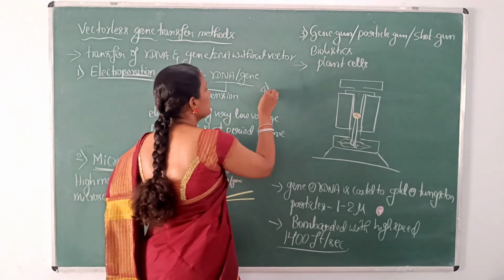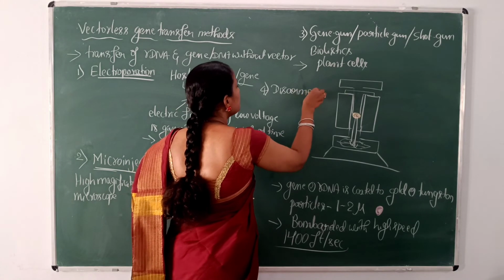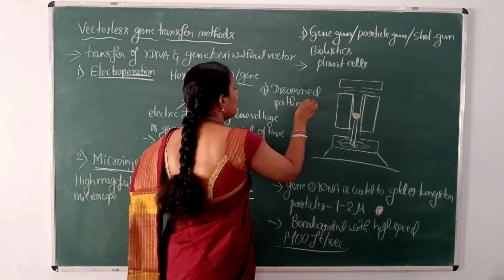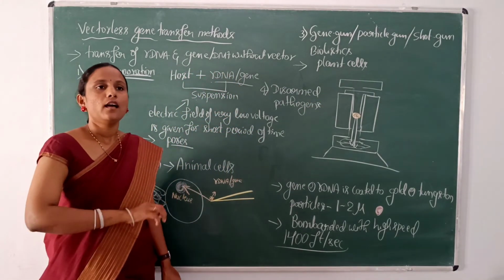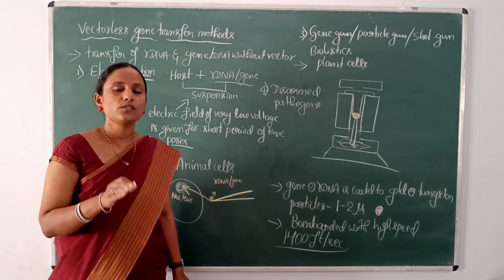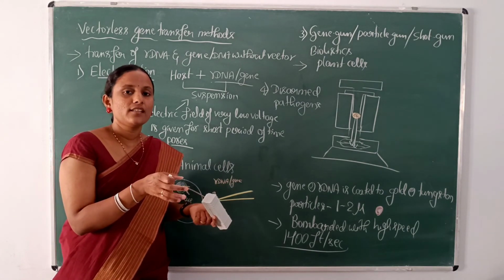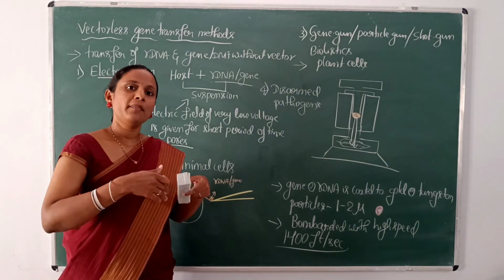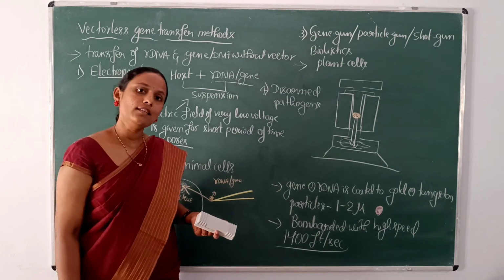Just have a count: some disarmed pathogens like Agrobacterium, retroviruses, SV40 virus. These are pathogenic viruses or pathogens, we can say. They are made non-pathogenic, or disarmed, and then they can be used for transferring genes.